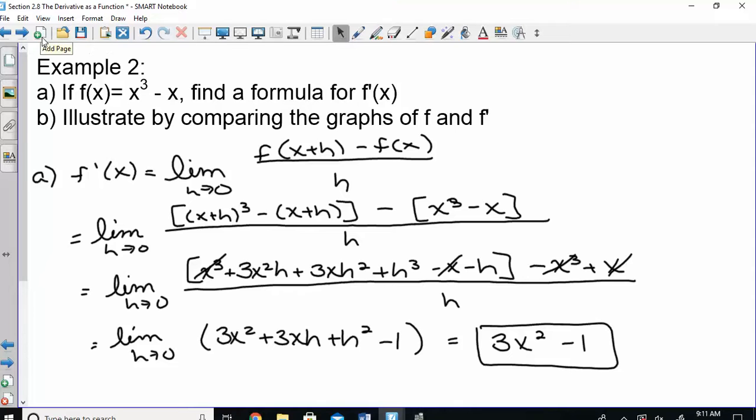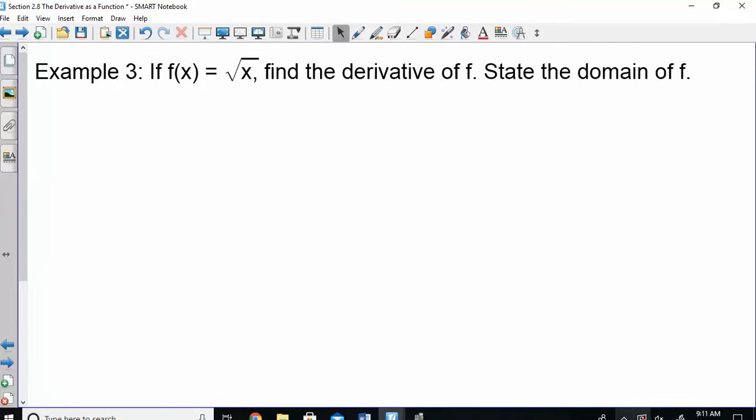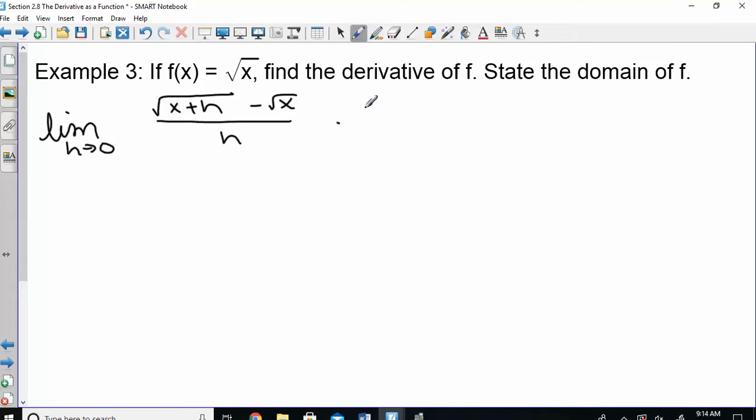Alright, I would like for you guys to see if you can work out this one for me. So you multiply by radical x plus h plus radical x on top and bottom.